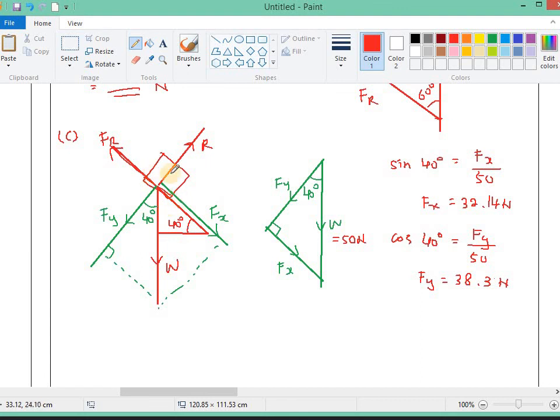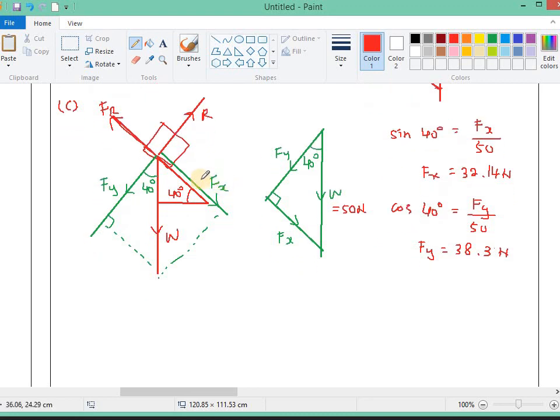You see, this Fx and Fy are both components of W. That means Fx and Fy can replace W. So if Fr equals Fx, R equals Fy, that means all the forces are in equilibrium. We know that it is in equilibrium because the question already says that it is stationary.